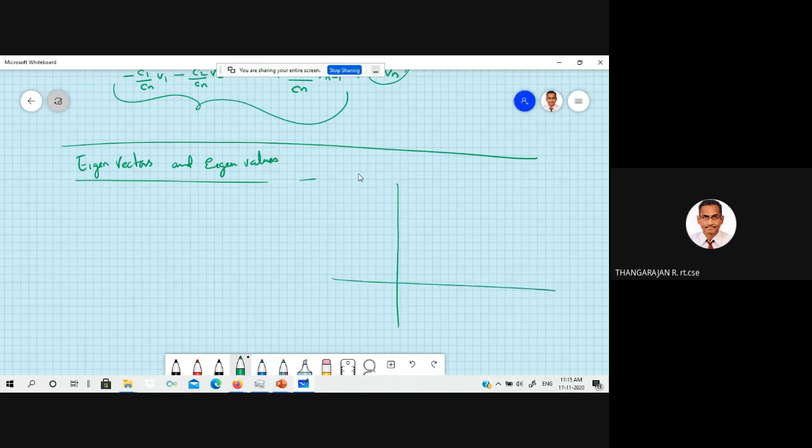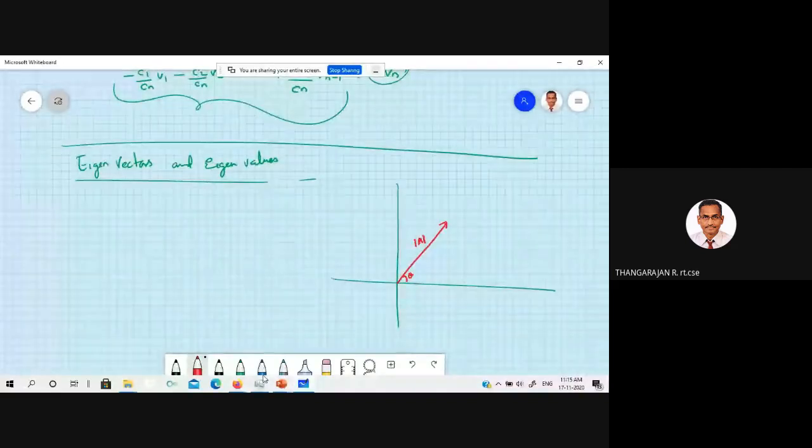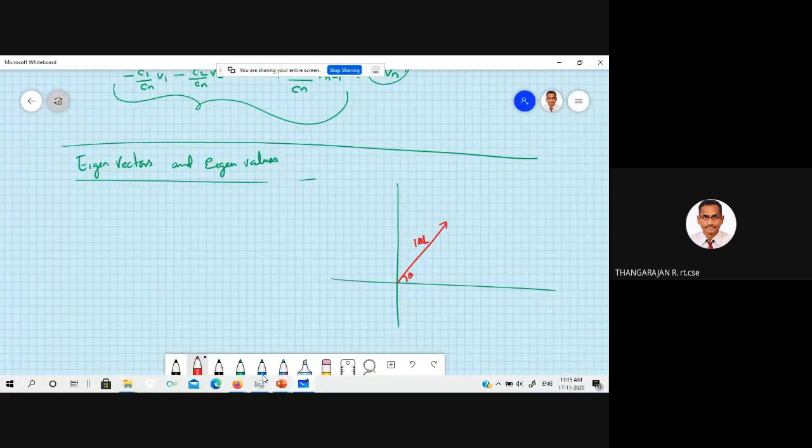This is my vector space, and say for example I have a vector here, which has an angle theta and a magnitude, say I call it T. This is a vector, small e.